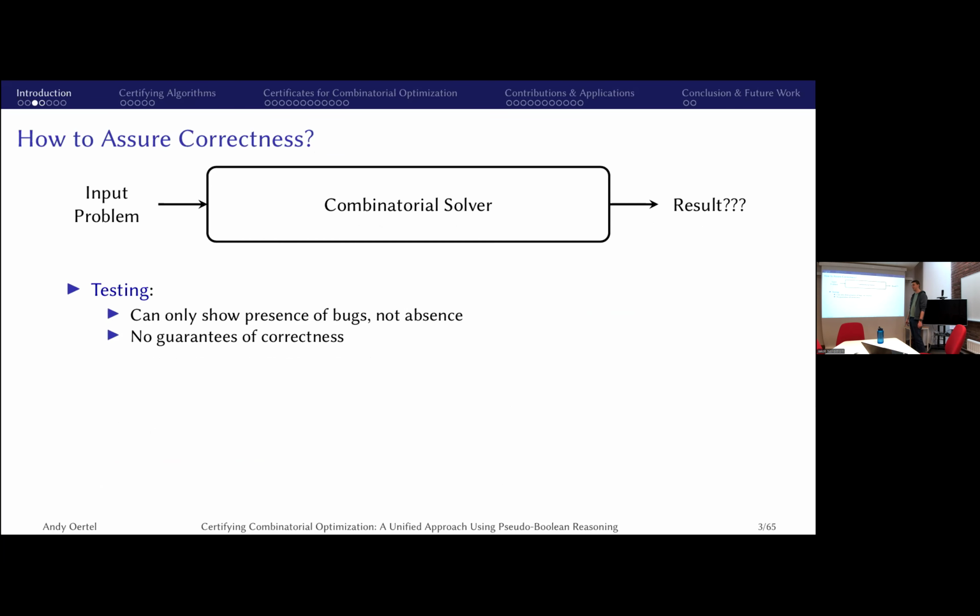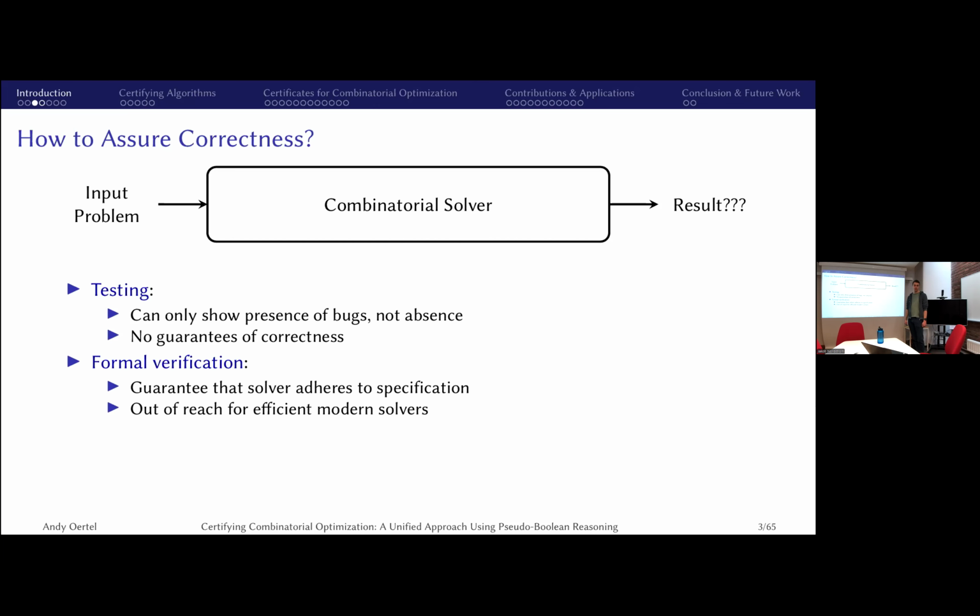The first idea you might think about is software testing. We have known input and output pairs, so what we expect as a result, and then we check if the result returned by the solver matches the expected output. However, the issue here is that we can only show the presence of bugs, but not the absence. We have no guarantees except for the test cases that we tested.